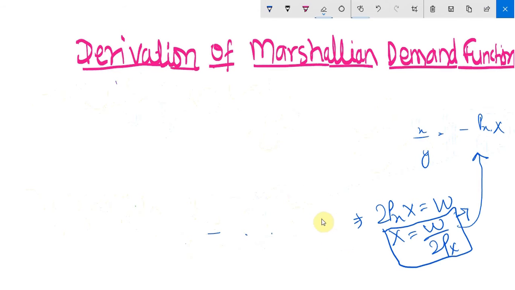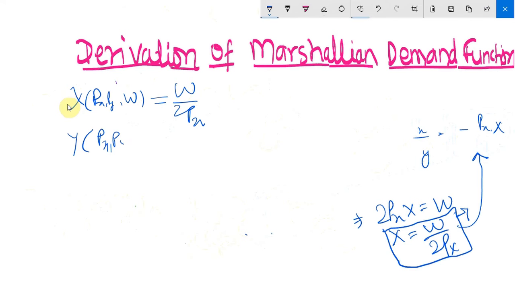The quantity of x, which depends on prices px, py and w, equals w over 2px, and the quantity of y, which also depends on prices and income, is w over 2py.